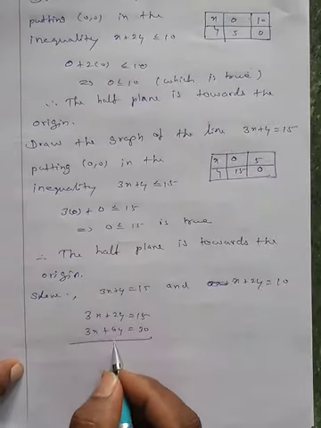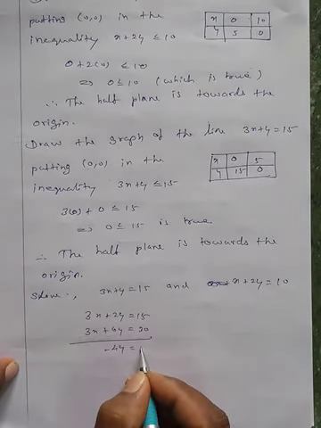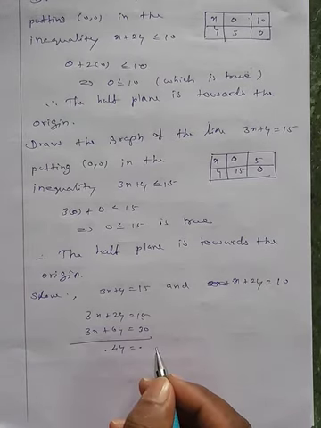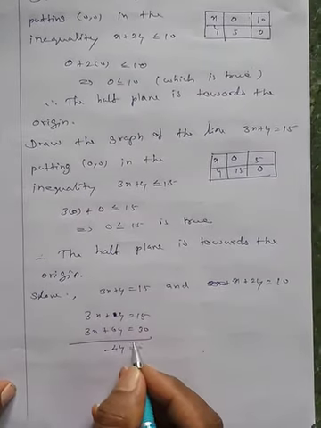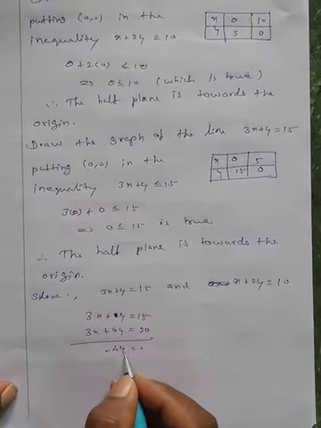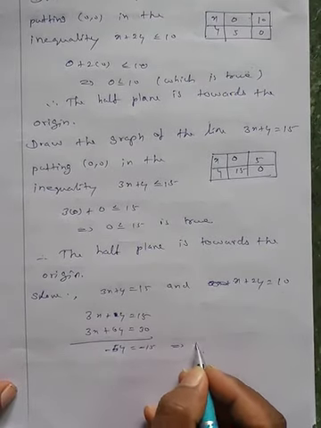Now subtracting 3x plus y equal to 15 from 3x plus 6y equal to 30, 5y is equal to 15, which implies y is equal to 3.